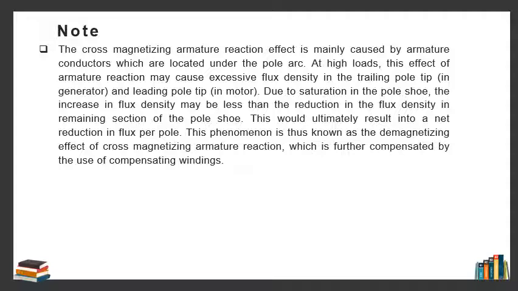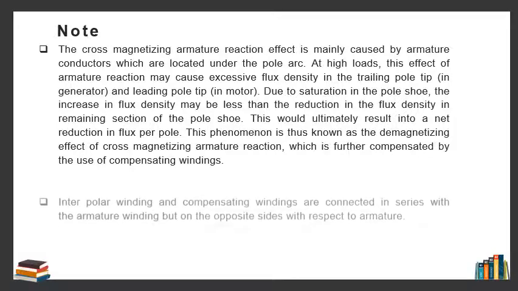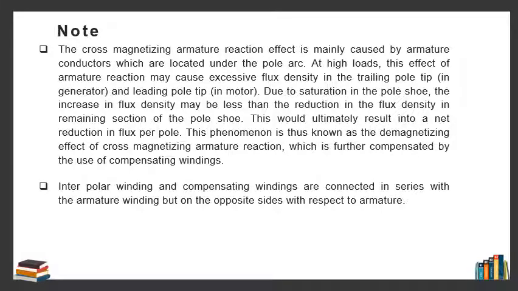This phenomenon is thus known as the demagnetizing effect of the cross-magnetizing armature reaction, which is further compensated by the use of the compensating winding. The next note is that interpolar windings and compensating windings are connected in series with the armature winding, but on the opposite side with respect to the armature.